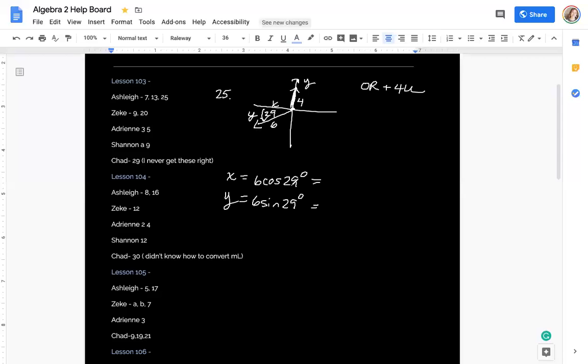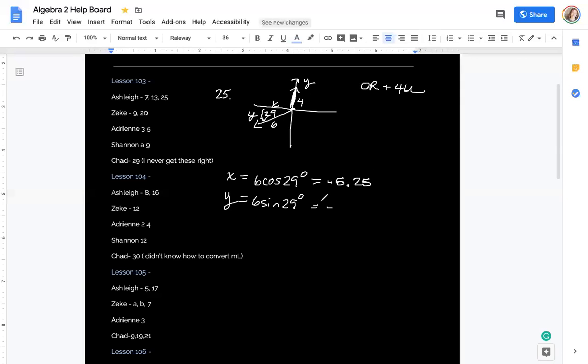So we pop those into our calculator, and I didn't do this ahead of time, so I'm going to do that now. 6 times cosine of 29. Now here's the tricky part. These are both going to be negative. They're going down and to the left. So whatever we get for our answer, we need to make it negative. I got positive 5.247, so I'm going to write negative 5.25.